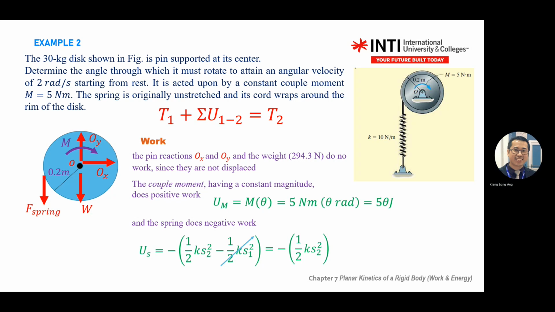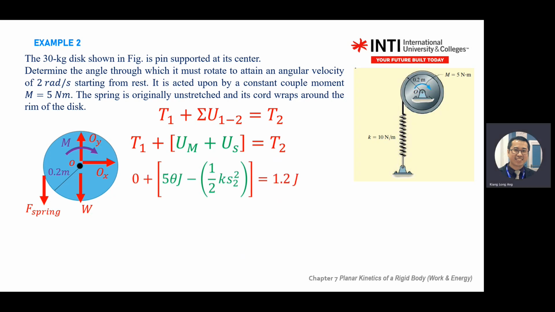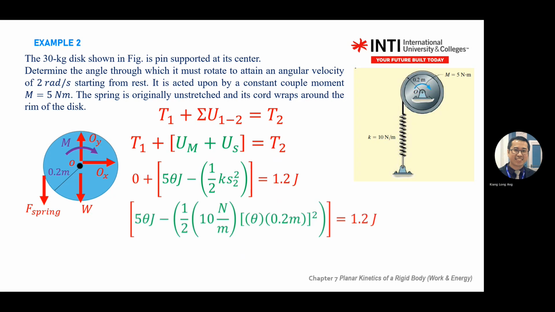So this one. Your total U is done by the moment and the spring. So half k s squared. You put in half k s squared. K is 10, given. S, I already showed you how to find.